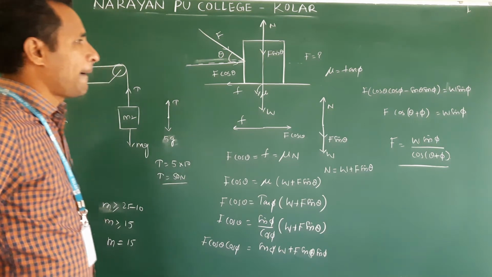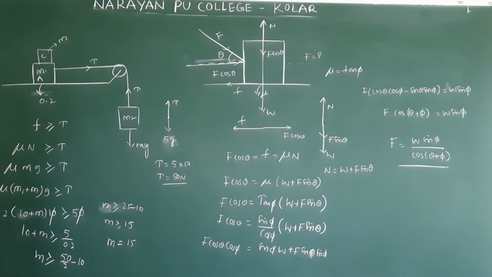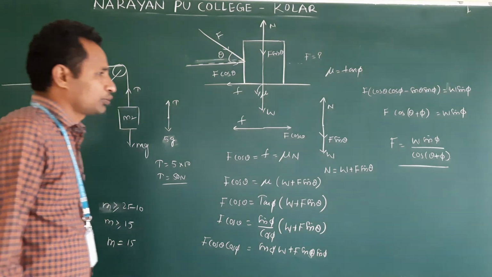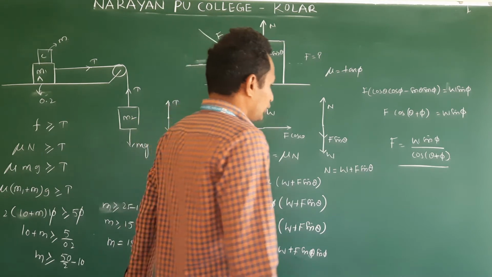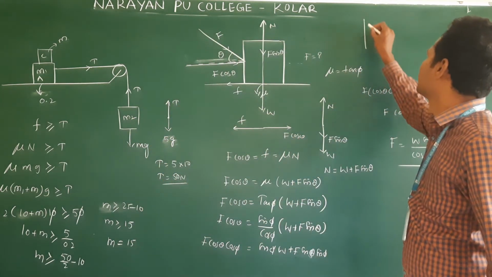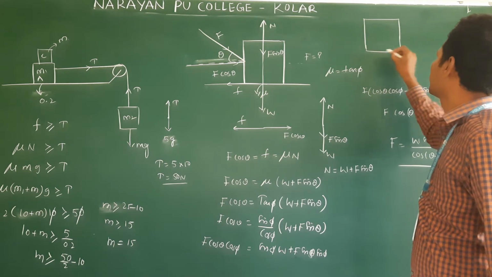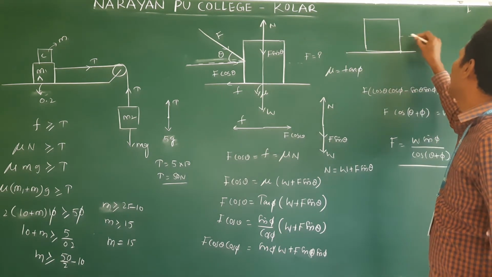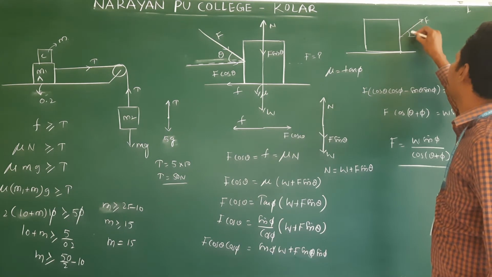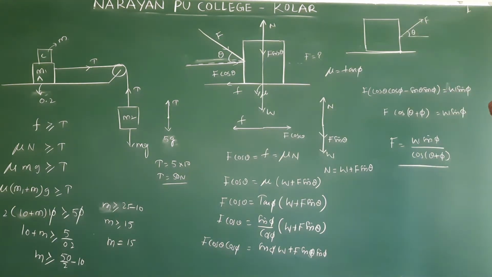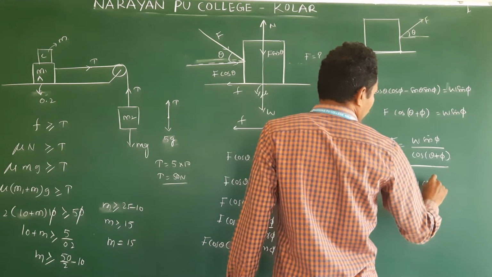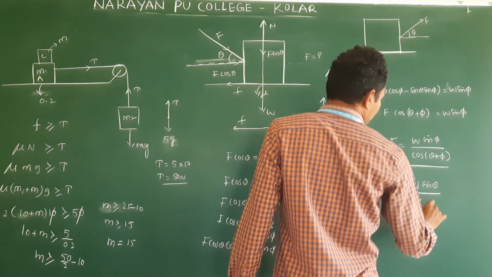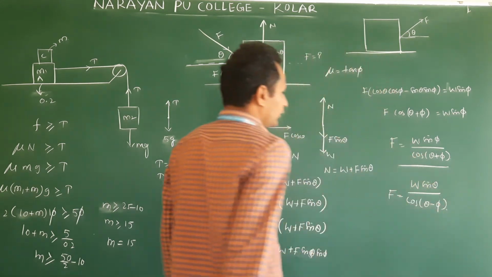This is the formula. But in our options, it was not there. To get our option answer, we need to change the question. Same question. If they pull with force F at an angle theta with the horizontal, then in this case we will get the answer F is equal to W sin phi by cos(theta minus phi).